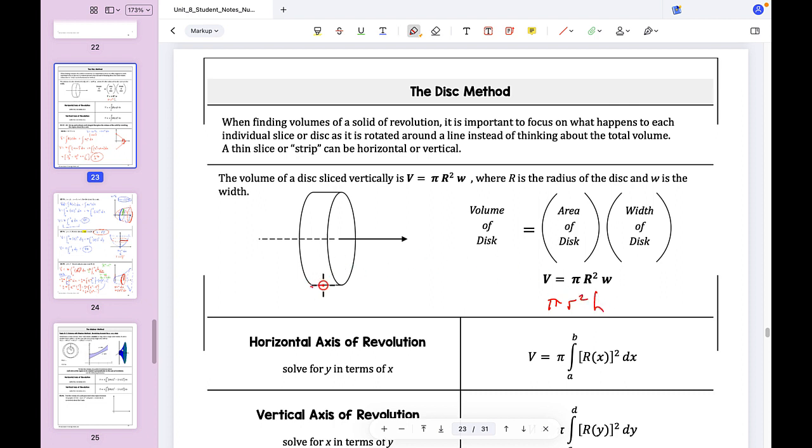Well, in this case, the h is our change in x, or our dx, okay? So when we look at our formula, we're actually looking at pi r squared dx, right? And we are summing together infinitely many of those on an interval from a to b. So our volume looks like this, okay?